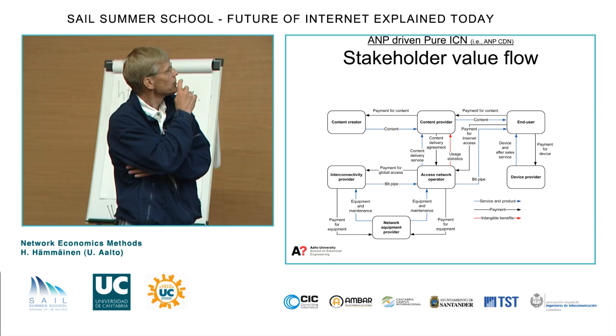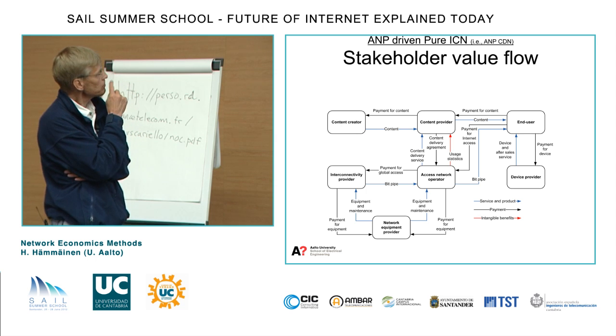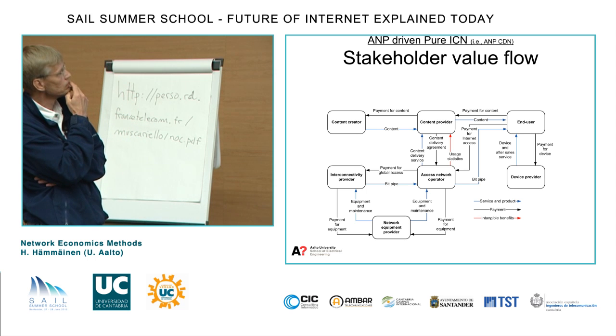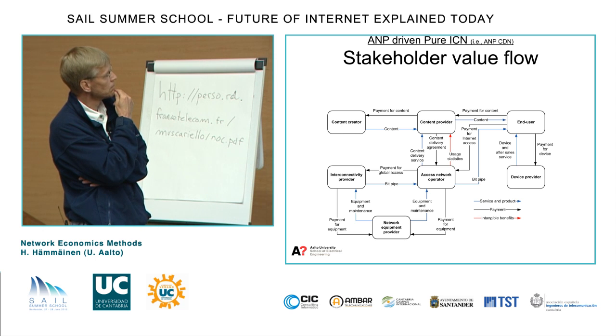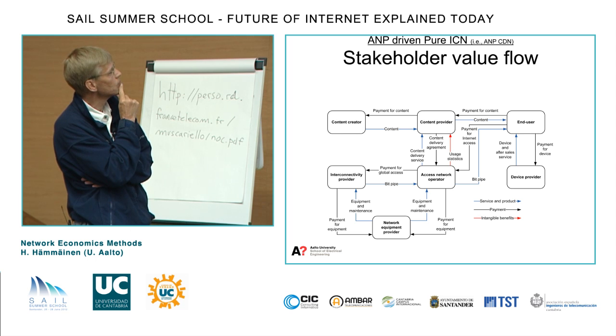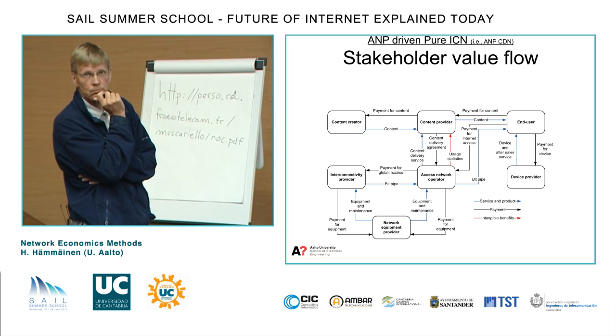So the question is, is this something that the end user would be aware of? Because the end user is on the right side of the slide, and the access network operator is giving these intangible benefits to the content provider in terms of user statistics. I assume that you would be giving up, I don't know, how many people are connected to a certain access point or something like that.